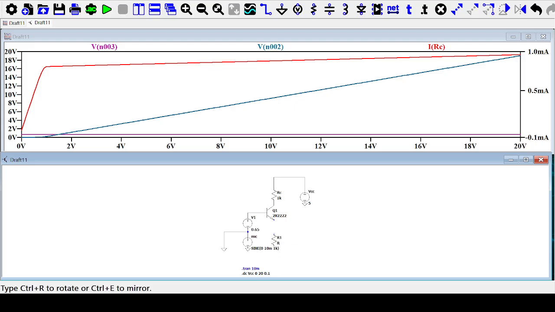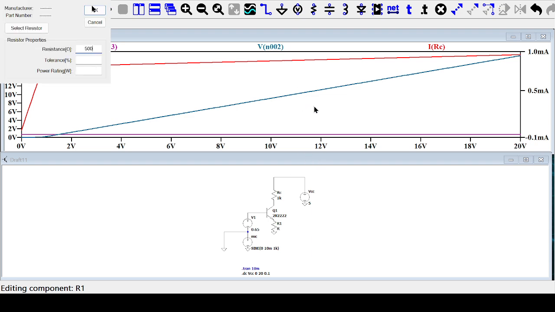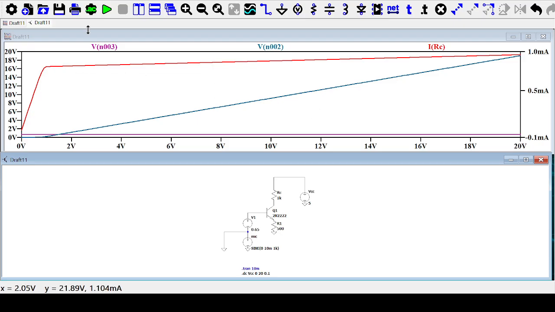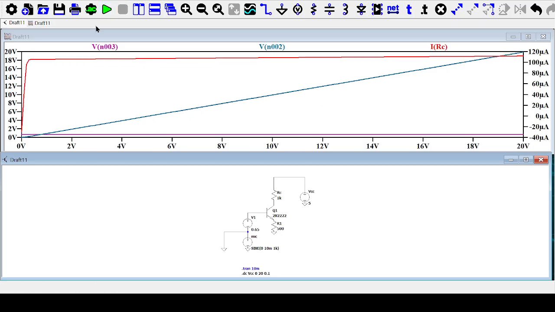So R. I'm not going to use any random value, say 500 ohms, and see what happens. Guess what? See that it's almost an ideal current source now. So I have almost an ideal current source, and that's a good thing.